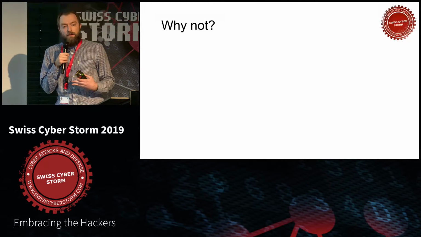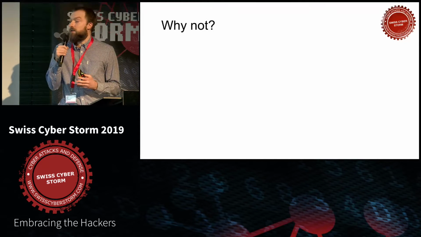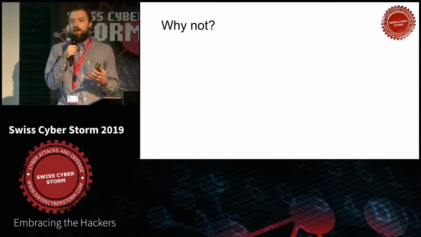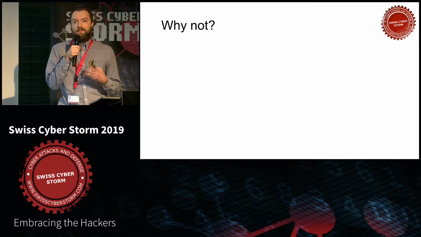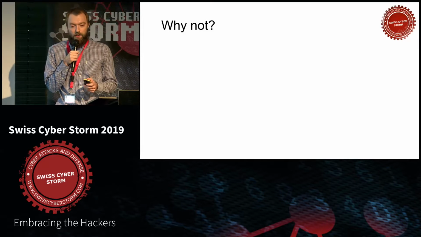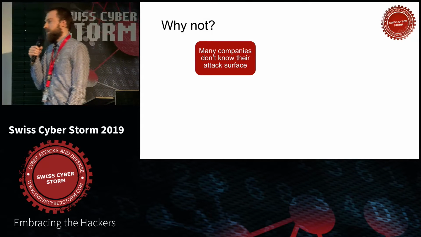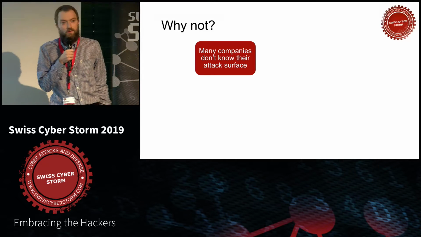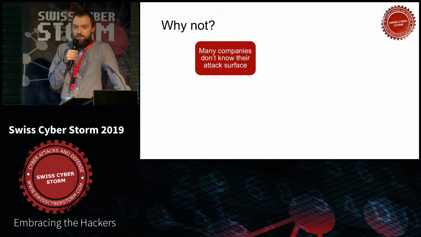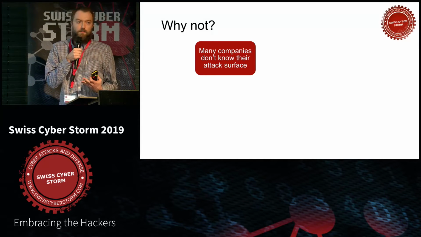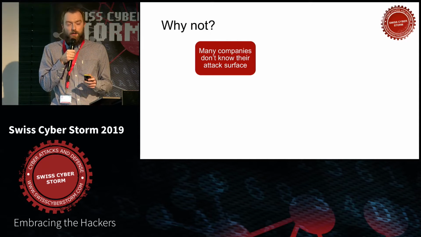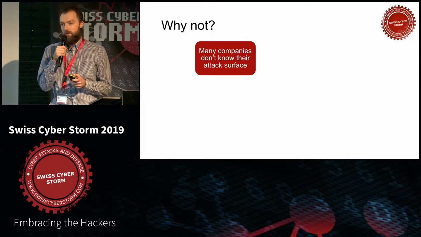In the last couple of months, we ran several proof of concept runs, and we've seen some interesting things, which I think show quite clearly why the security controls we are all using in our companies are not working. One of the main results we found is that many companies just don't know their attack surface. This is nothing new for a lot of people involved in application and business security, but it's always interesting to see how big the problem really is.